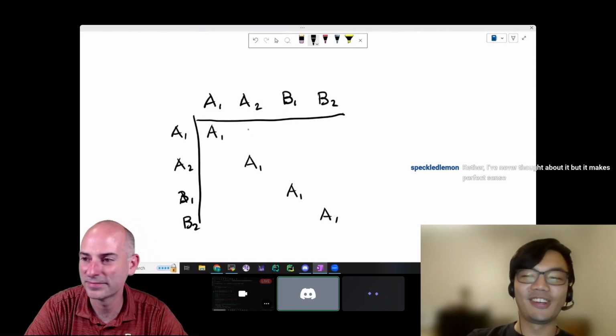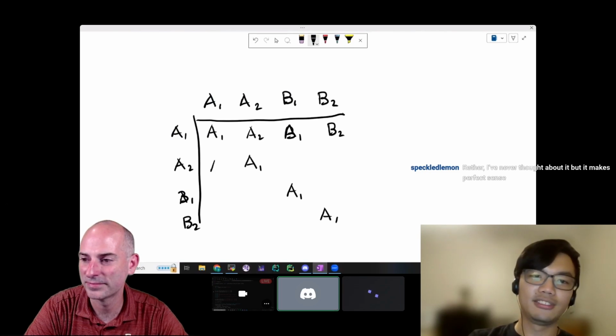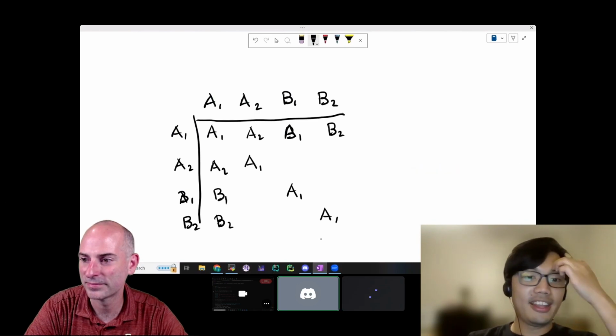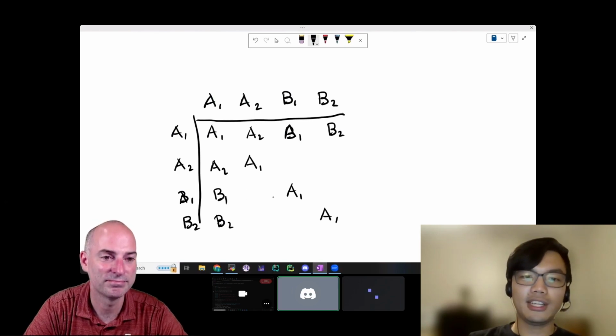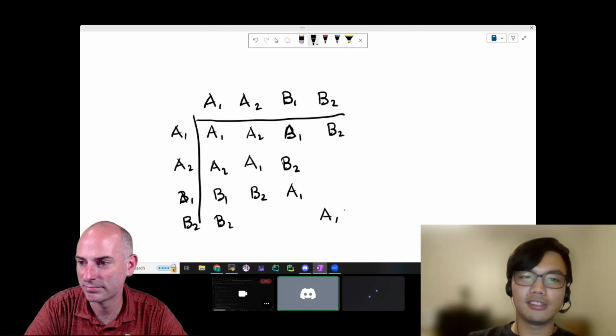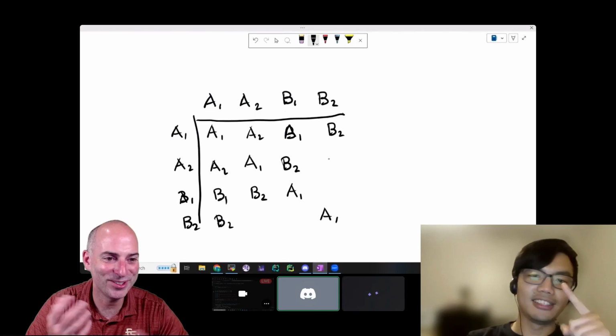Okay, A1 is identity, right? So it's just going to give you the same on this column. And then basically you just have to fill in the rest, and the B2 in this case is going to be on the other diagonal.